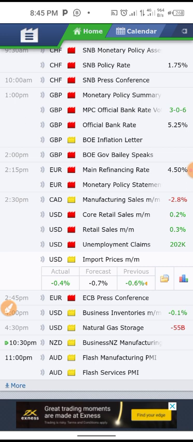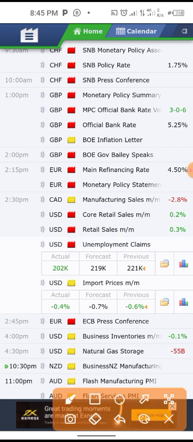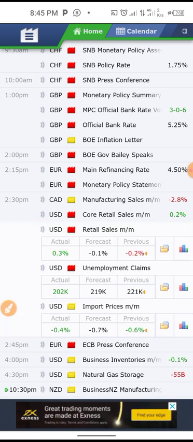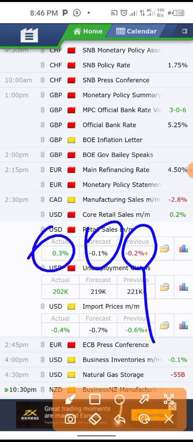Let's do something else so that you get to understand. So you see this one here. Let's go for this one: the previous is minus 0.2, the forecast is this, and the actual is this. The actual is above the previous, which was very, very low, minus 0.2, while the actual is even a plus 0.3.